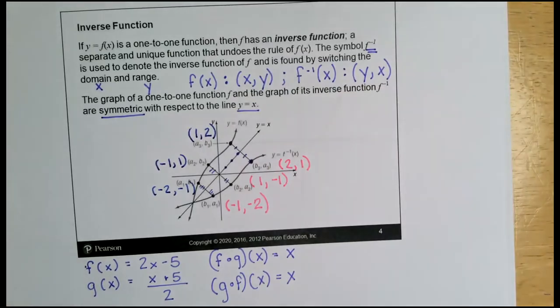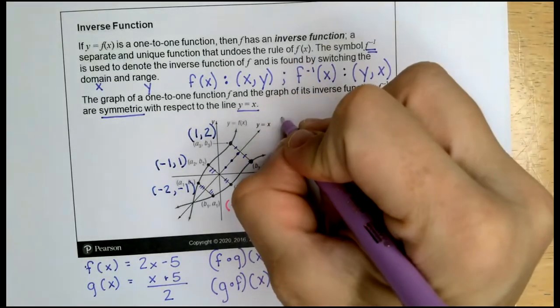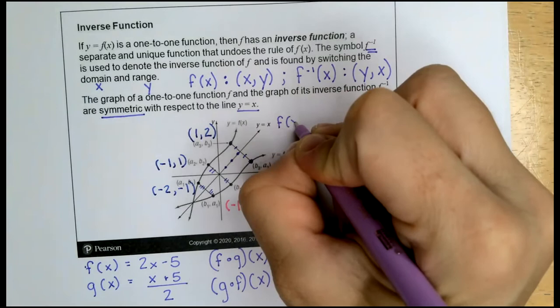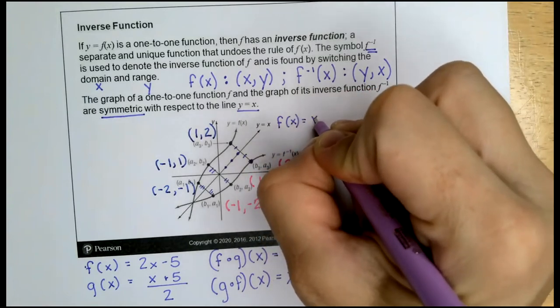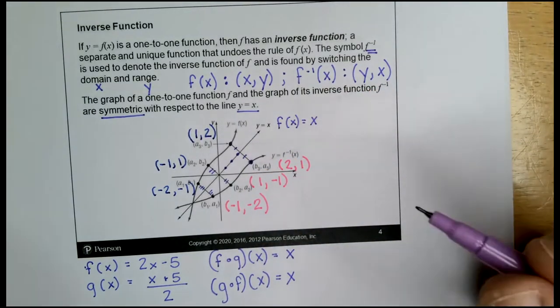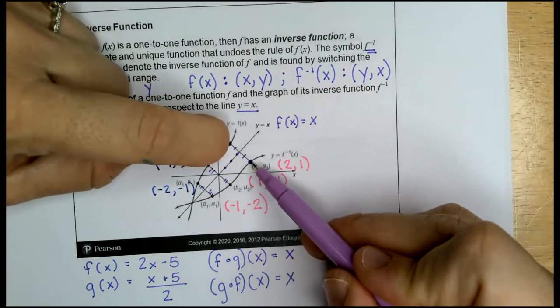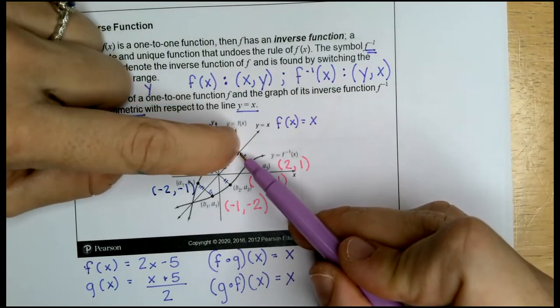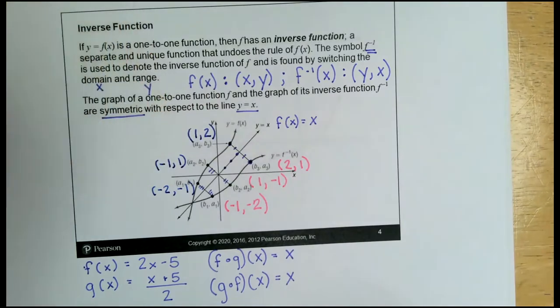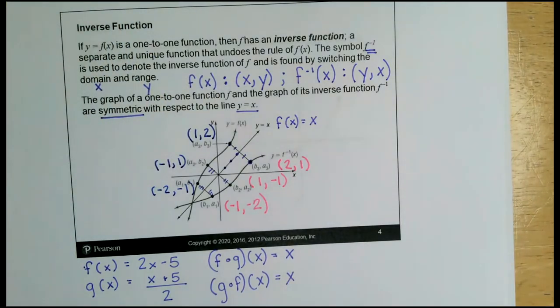So when I put these two together, they meet at f of x equals x. And that's why you're always going to get an x out when you compose two inverse functions.